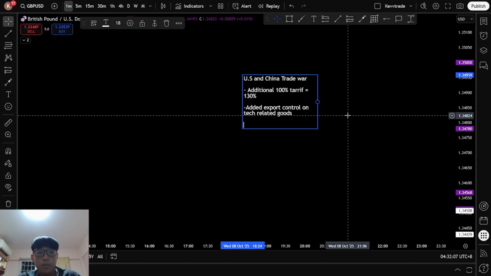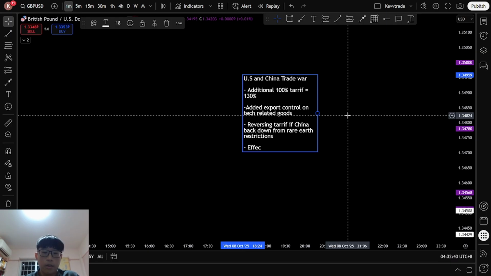And of course, Trump will say he'll reverse his actions if President Xi reverses his actions too. So, reversing the tariff if China backs down from rare earth restrictions. And this might affect their future meetings, which was supposed to be in South Korea, if I'm not wrong.